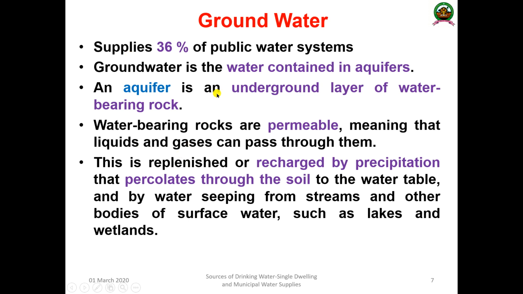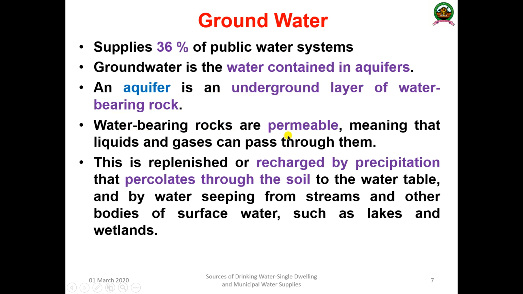An aquifer is an underground layer of water-bearing rocks. It is a source of underground water, the water that is present in the layer of water-bearing rocks. The rock containing a lot of water in the underground of the earth is known as an aquifer.